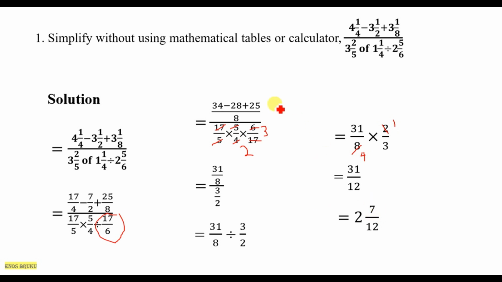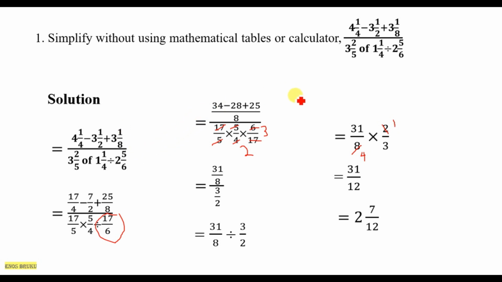Remember the question says you should simplify without using mathematical tables or calculator. So this means the question wants to see some key elements in your solution. The examiners want to see some key elements in your solution that tells them that you understand the concept. If this were to be objectives, we can just punch all of this on a calculator and the calculator will give us the answer.